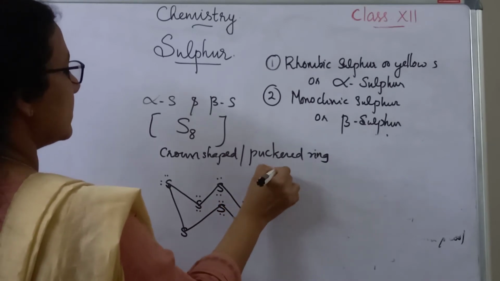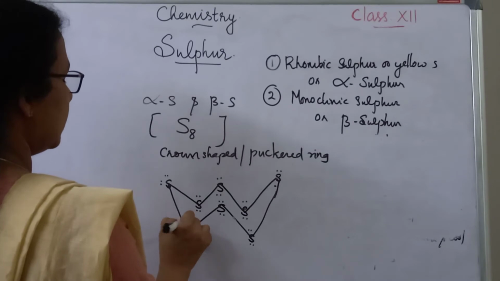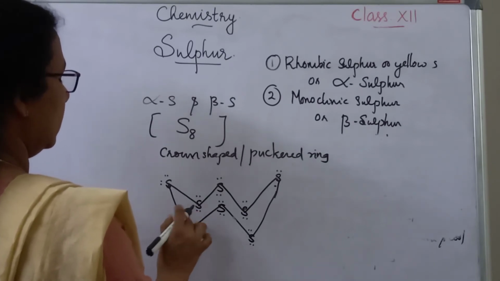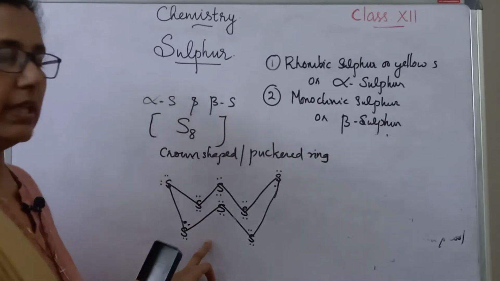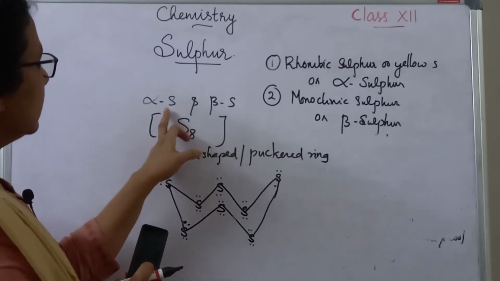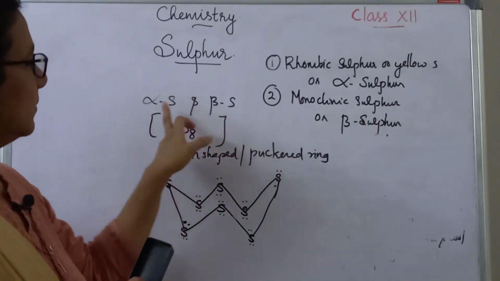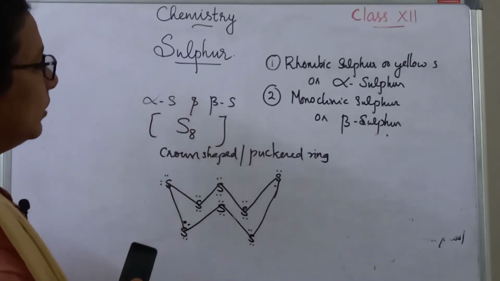Two lone pairs are there. This is the crown shaped, puckered ring structure of the S8 molecule, for both alpha and beta sulfur.